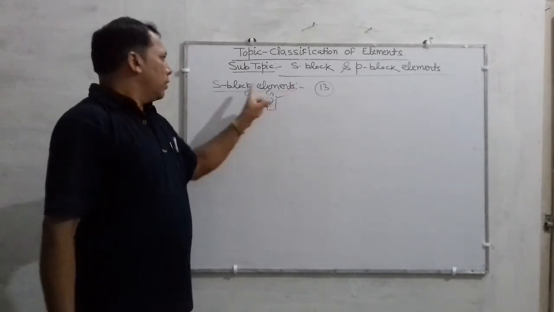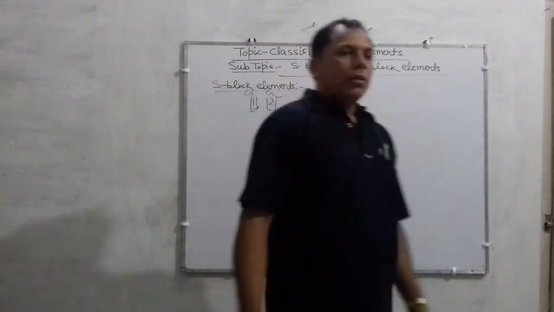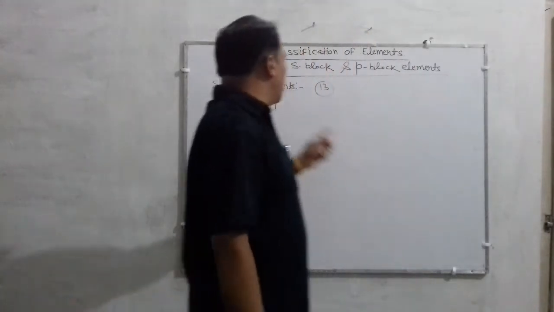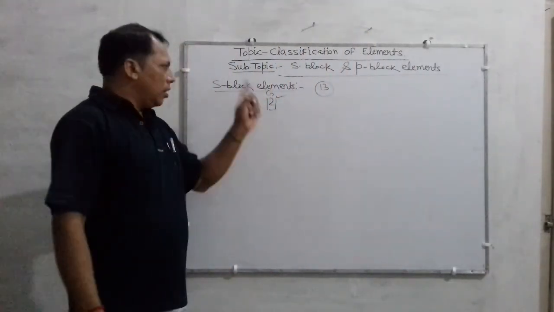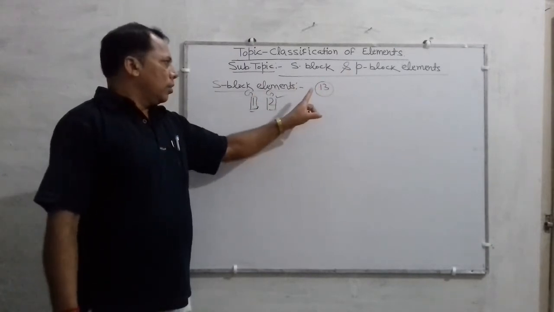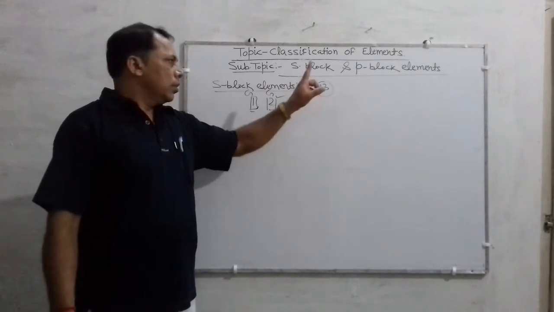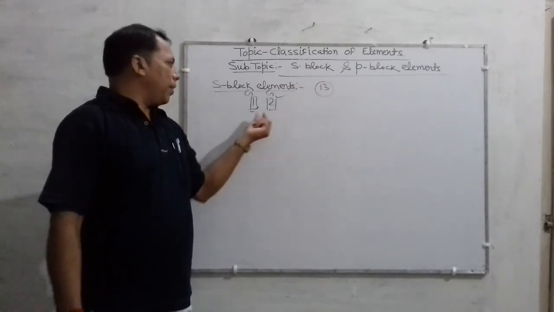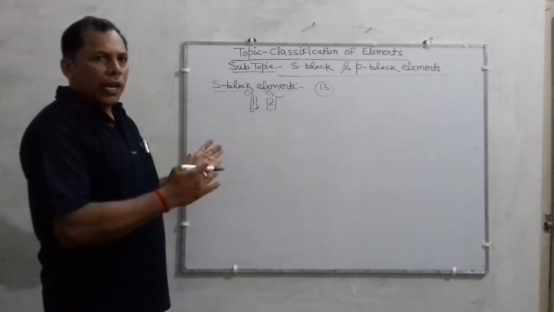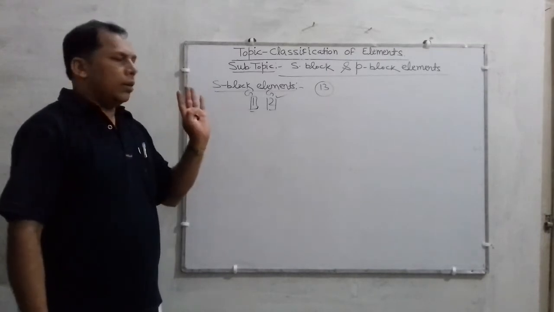Once again listen, S block elements are those elements whose last electron or valence electron or outermost electron occupies the S subshell. The total number of elements present in the S block is 13. They are placed in group first and group second of the periodic table, on the left side of the long form periodic table.